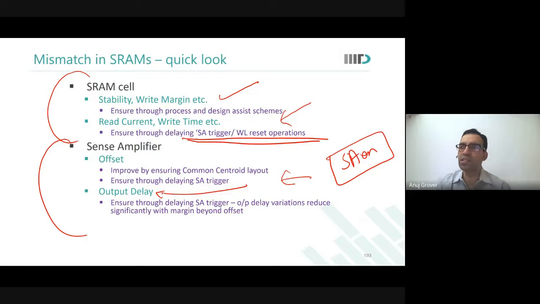We say that when there is sufficient differential, SAN arrives. Now, how does SAN know that it has to arrive now, that the differential is sufficient?